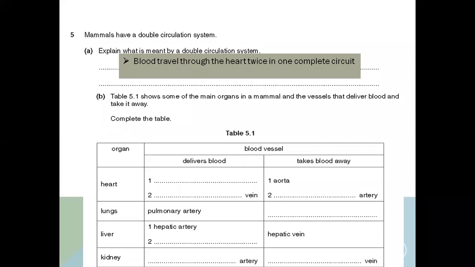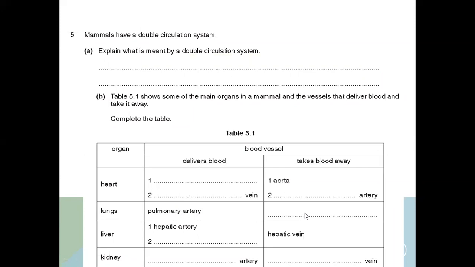Sorry, here, if you deliver blood to the lungs, the pulmonary artery takes deoxygenated blood from the heart and enters the lungs, right? The pulmonary artery, while the pulmonary vein takes blood away from the lungs.